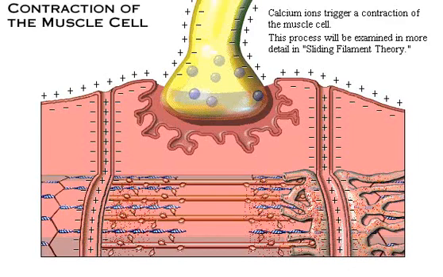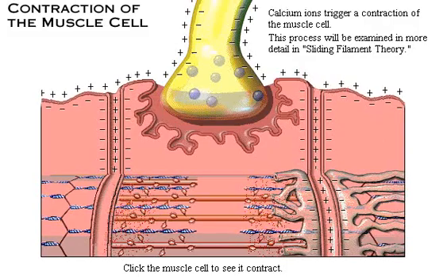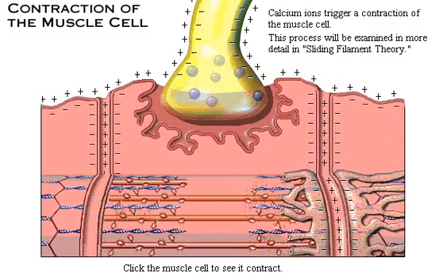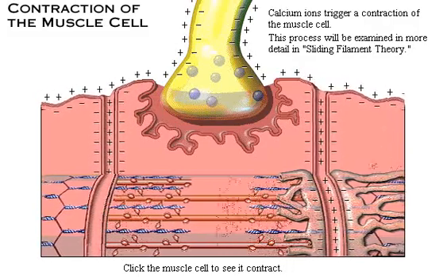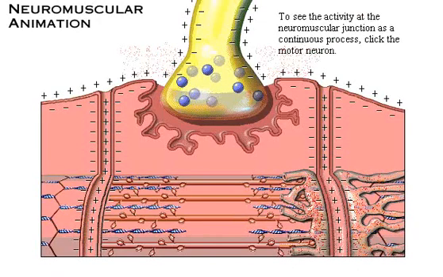This process will be examined in more detail in sliding filament theory. Click the muscle cell to see it contract. To see the activity at the neuromuscular junction as a continuous process, click the motor neuron.